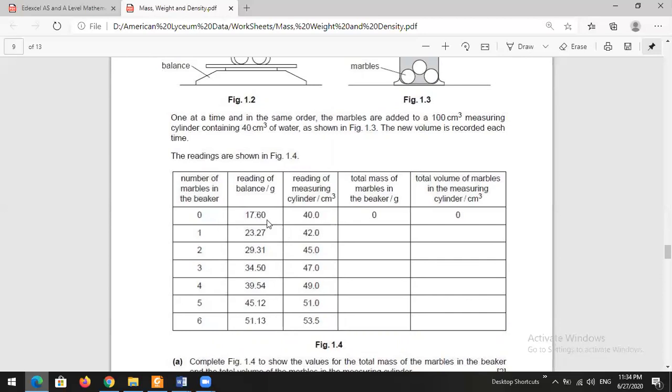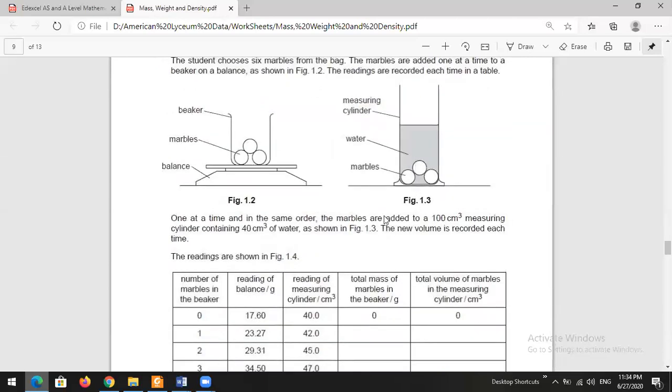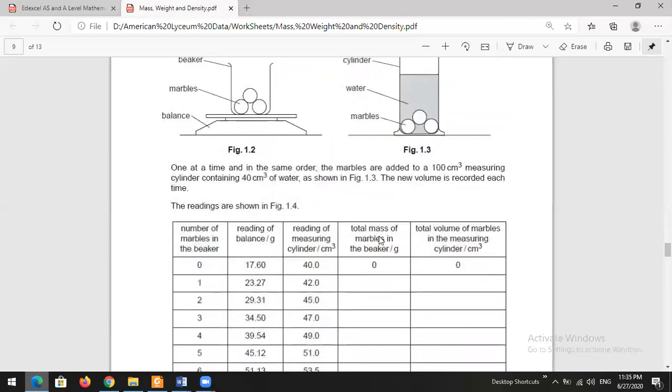For 0 marbles, the reading is 17.60 gram, and the reading on the measuring cylinder with no marble, meaning only water, is 40 centimeter cube. So the mass of marble is 0 because there isn't any marble in the beaker, and similarly the volume of marble is also 0 because only water exists in the measuring cylinder.